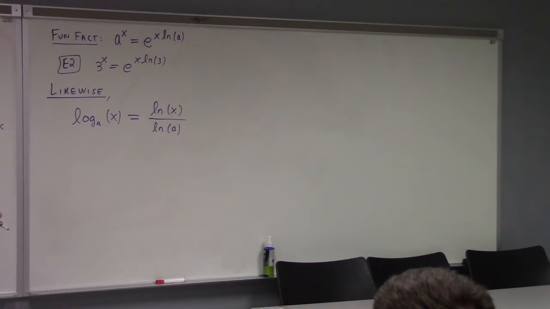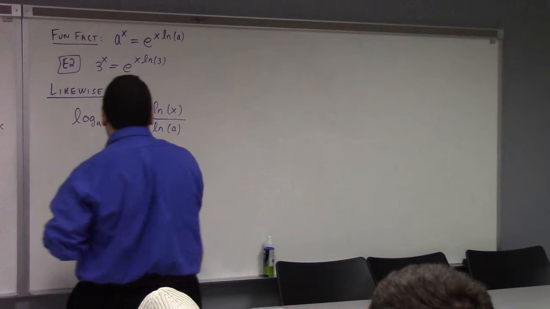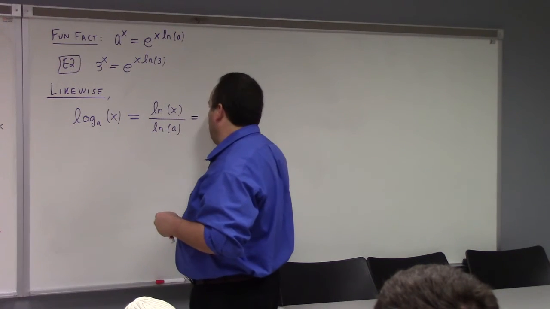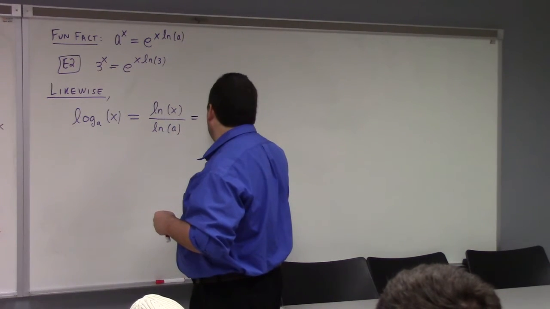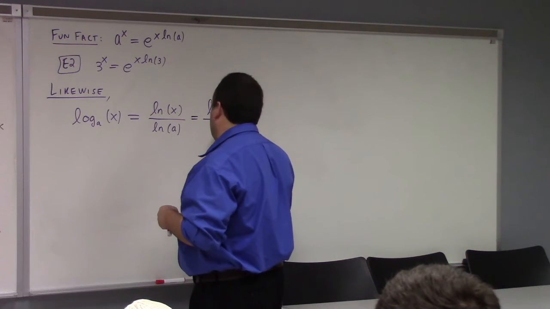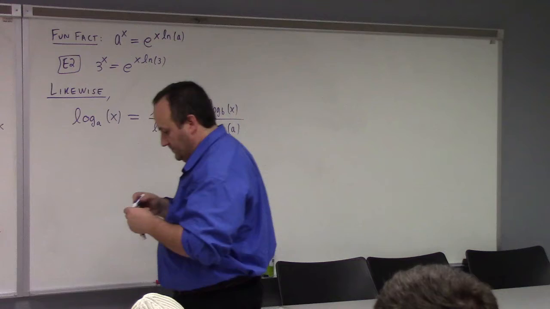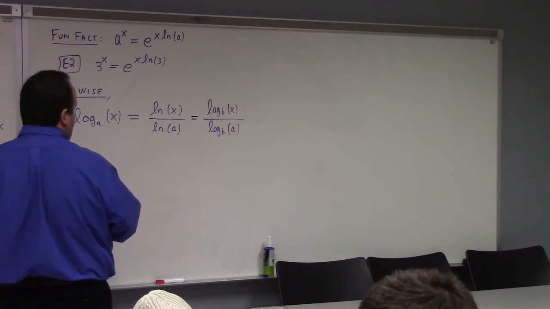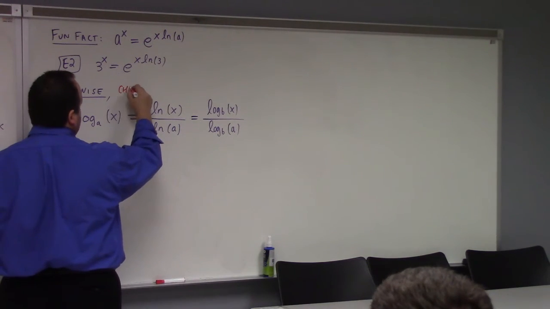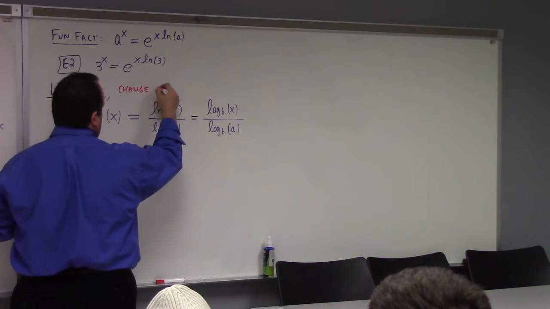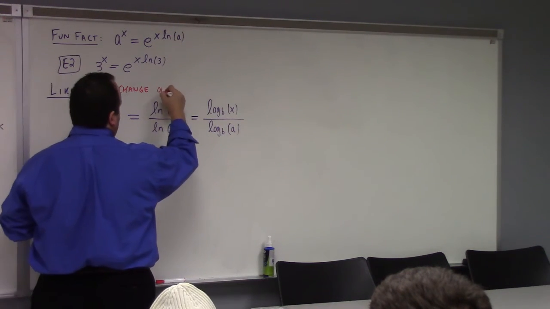So this is the so-called change of base formula. I've written it for base e, but more generally you can write it as log base b of x divided by log base b of a. Definitely something you want to have on your formula sheet for the next test.